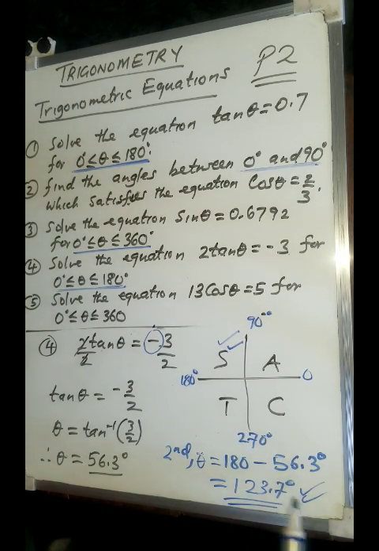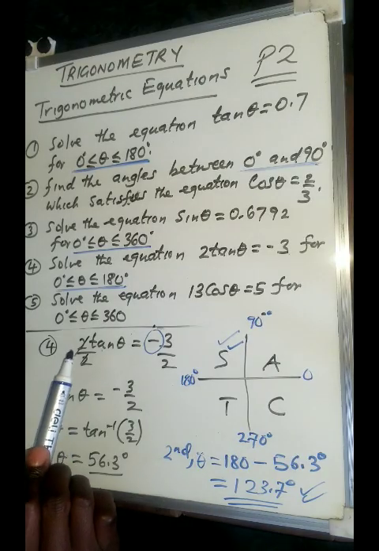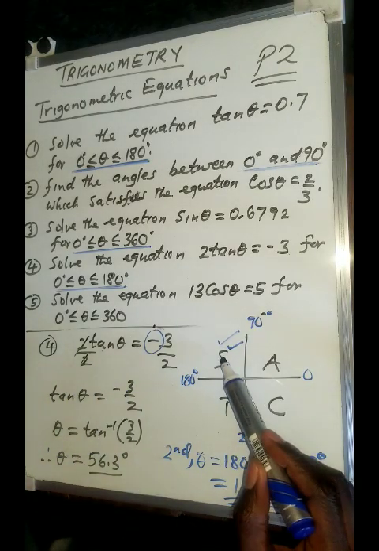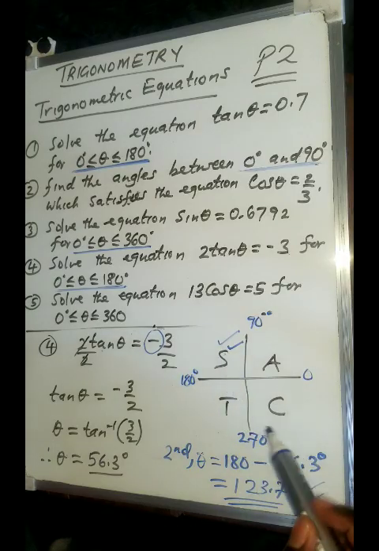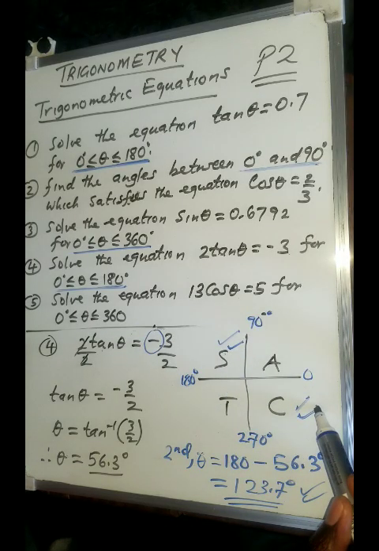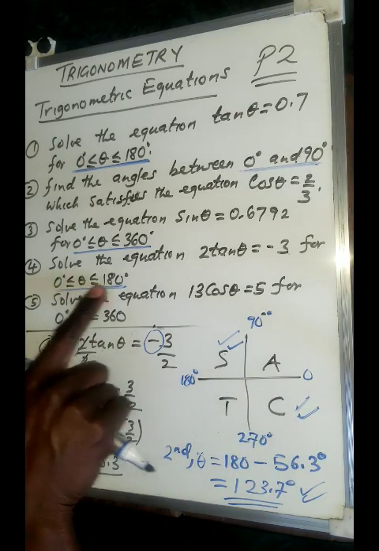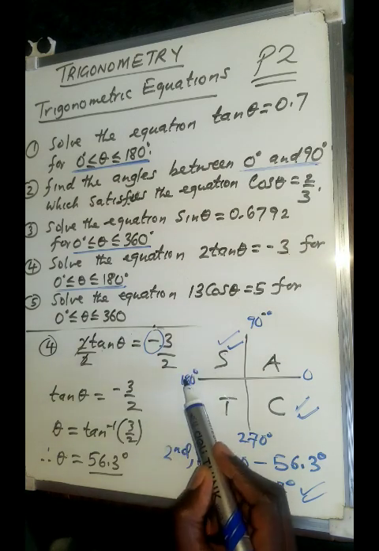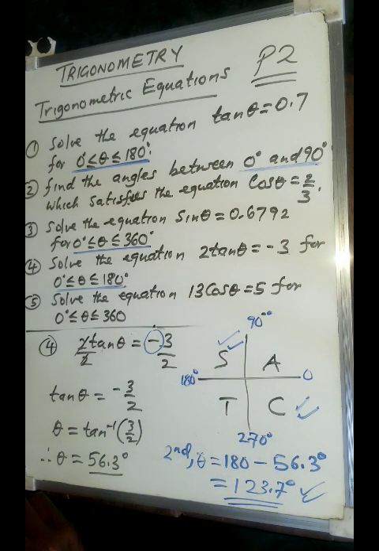So this is the only solution here, because tan is negative in the second and also in the third quadrant. But remember the restriction between 0 and 180, it simply means you are going to focus on less than 180, which is in the second quadrant. That's the way you can get it there.